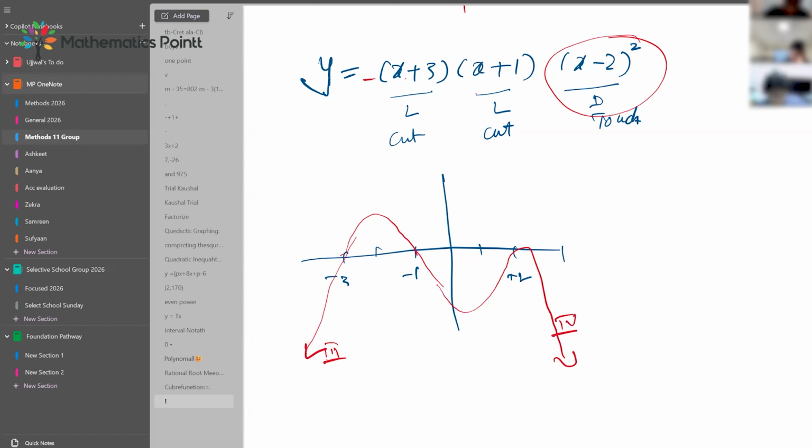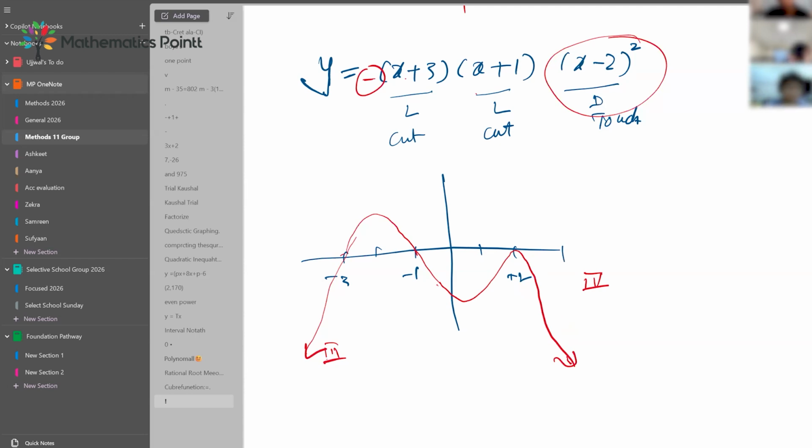Everyone's okay. I mean, this might not be the perfect one. I can maybe draw something like this. That's the fourth. So this is the one if there's a negative in front, right? Yes, reflection.